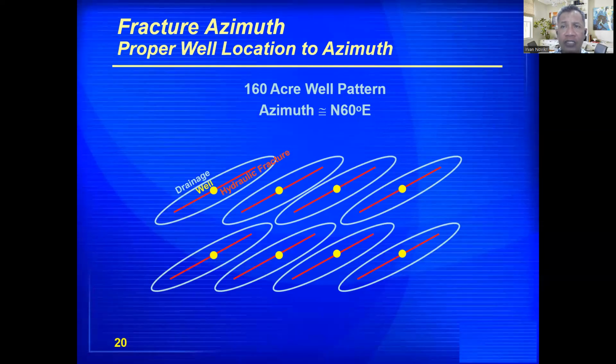If we drill wells and then frac this well, and the fracs really line up with what you are seeing here, you're getting excellent reservoir coverage, and you are getting the maximum drainage and recovery.